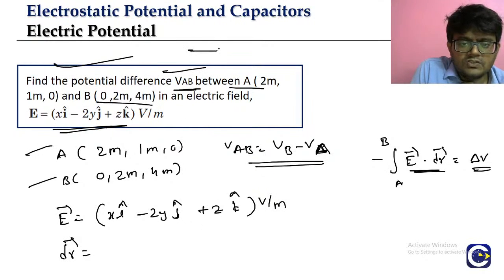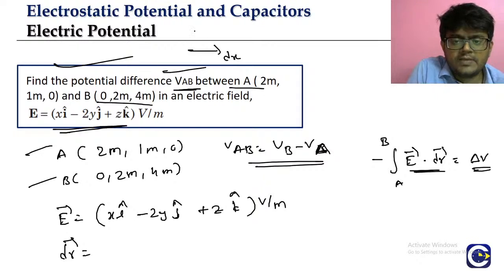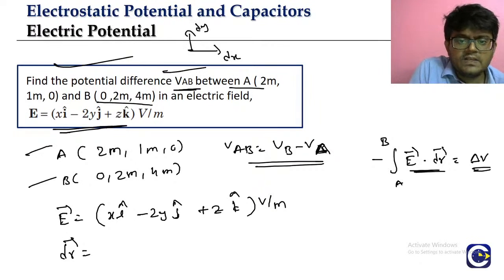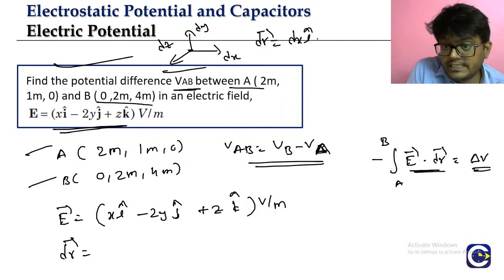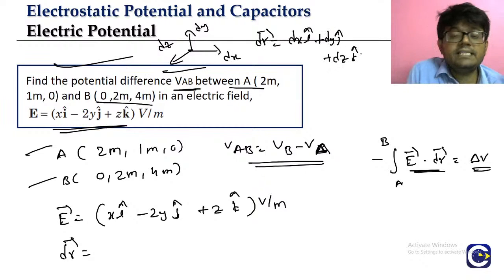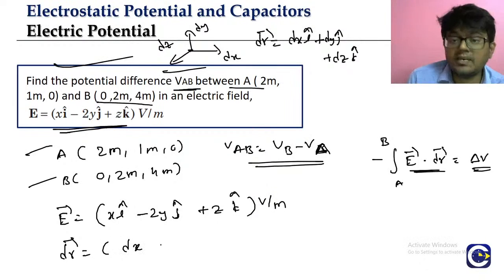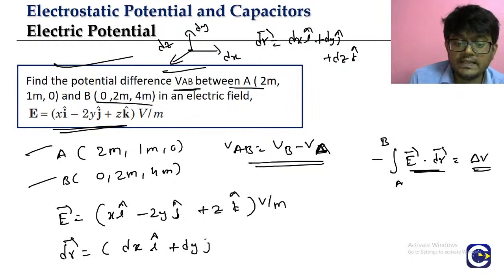For a small displacement dx along the x component, dy along the y component, and dz along the z component, the small displacement vector is dr bar equals dx i plus dy j plus dz k.